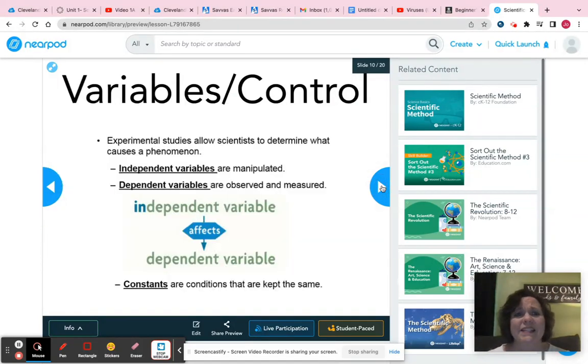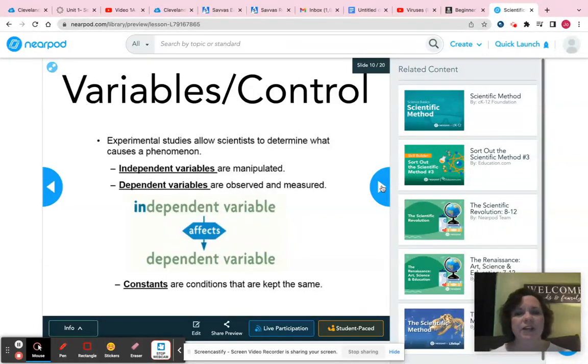The next thing, variables and controls. When you set up your experiment, you have to have certain variables and you have to have controls or at least constants in place. I always like to think of an independent variable as starting with the letter I. So, an independent variable is the thing that I am changing, the thing that I am testing in an experiment.